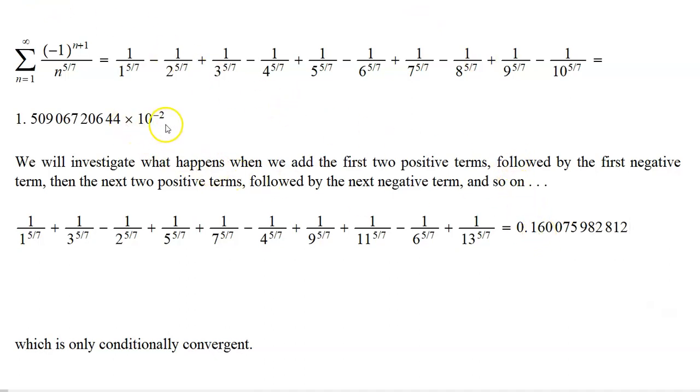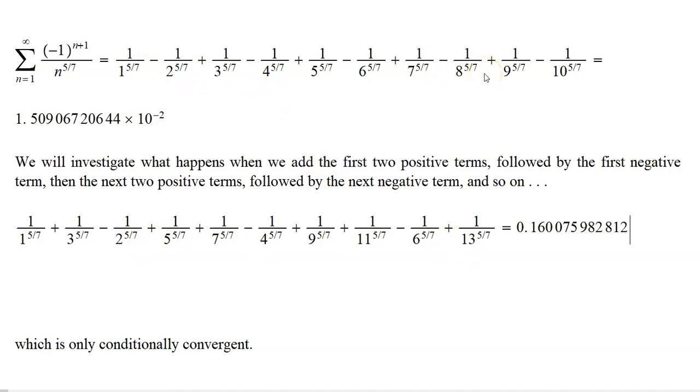Where's the 10 to the minus 2? Oh, it's not there. It's just 0.16, period. Which is a lot bigger than this number. Okay. So, yeah, and of course, it's because we added up 10 different numbers than the ones that we have in this partial sum.